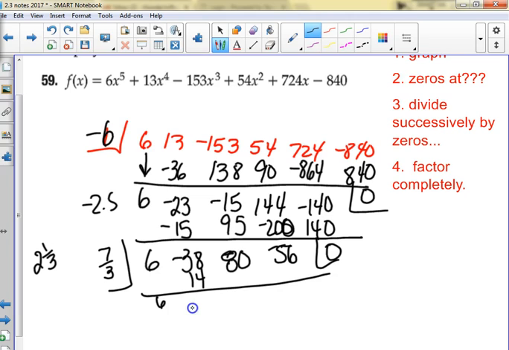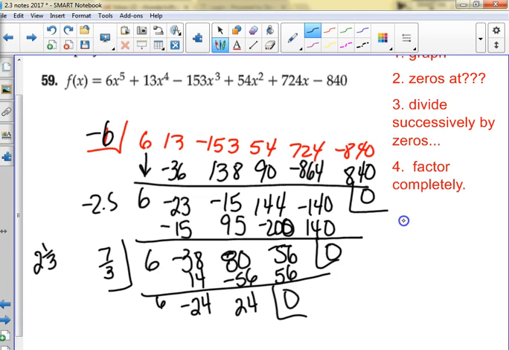Negative 38 plus 14 times 7/3 plus 80 times 7/3. No, it should be 56. Oh, there was a nicer number we missed. 2 worked. Okay. Wait a minute.